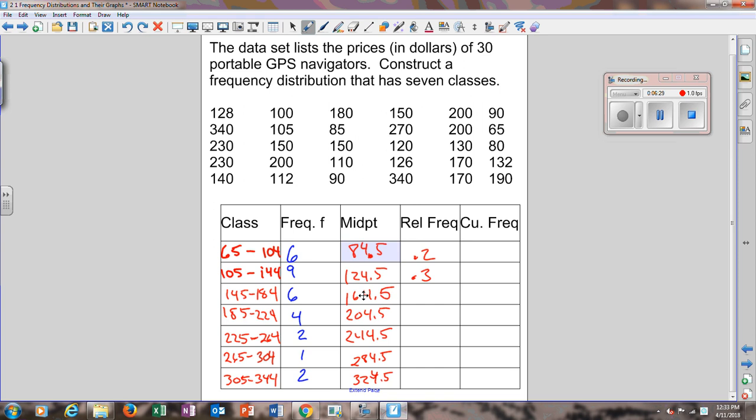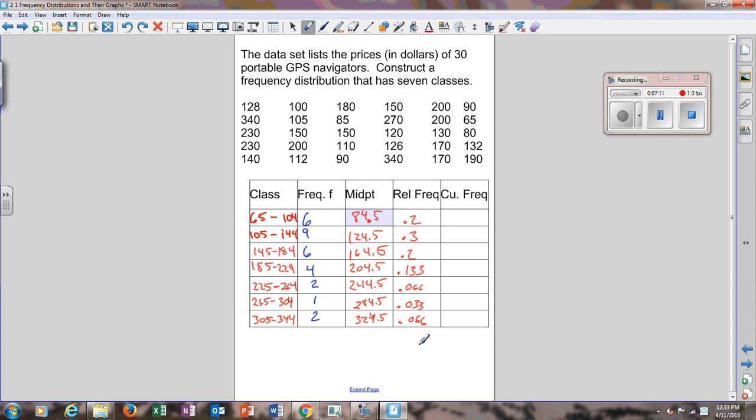Then 6 divided by 30, which is 0.2. Then our next one's going to be 4 divided by 30, which is 0.133, repeating. 2 divided by 30, 0.0666, repeating. 1 divided by 30, 0.033, repeating. And then 2 divided by 30 again, which is 0.066.